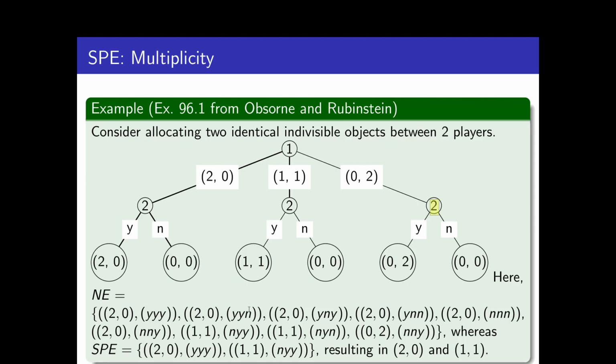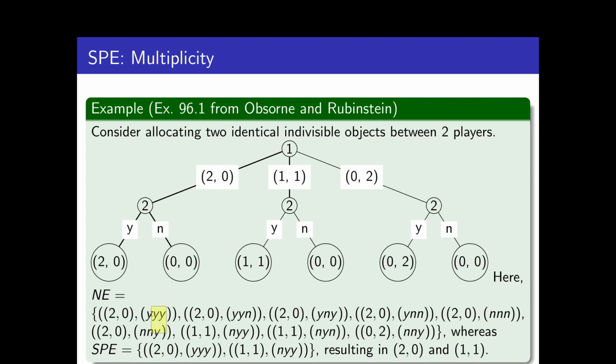So, if player 2 does not say yes to the second and the third option, that's not an optimum thing. She may only say no in the first place because then it does not matter for her.